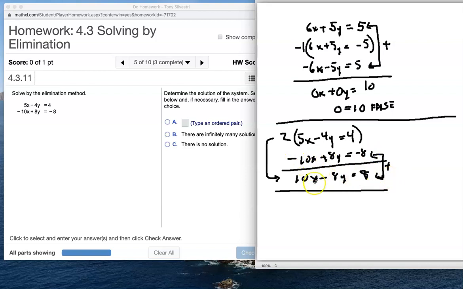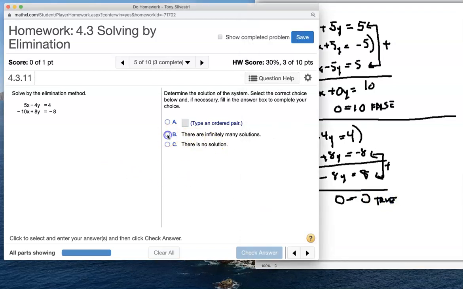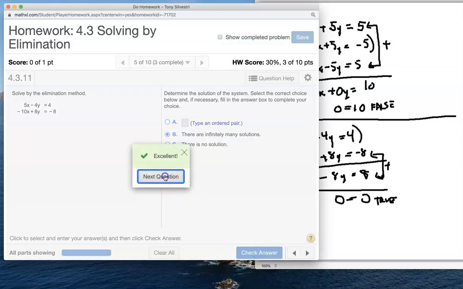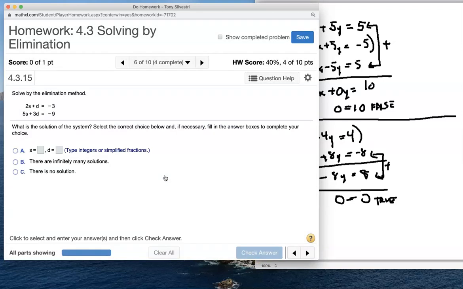Negative 10x plus 10x, 0. 8y plus negative 8y, 0. So this side is 0. Negative 8 plus 8 is 0. Oh, okay, so basically that's true. And if it's true, I get infinite number of solutions. There you go. Halfway done with this homework.